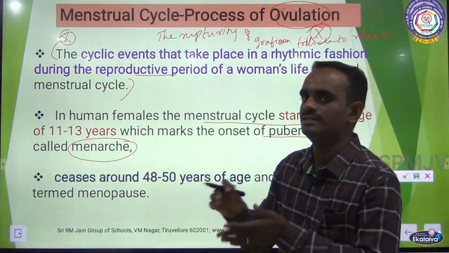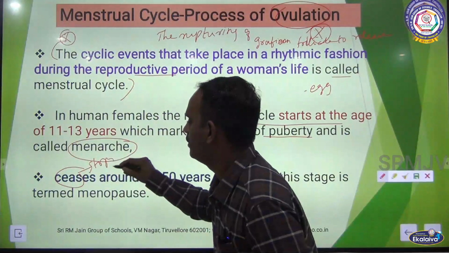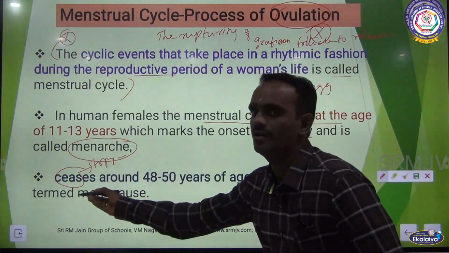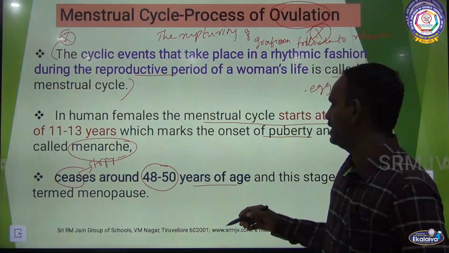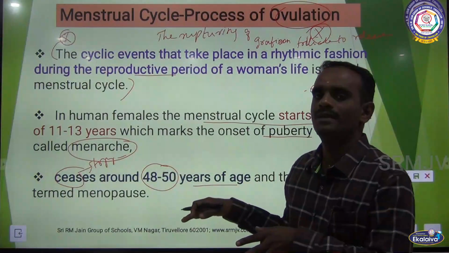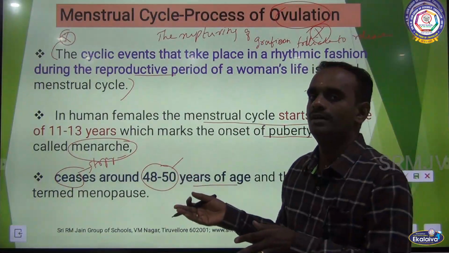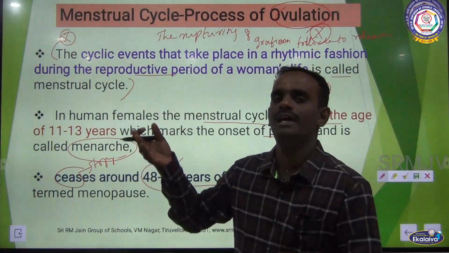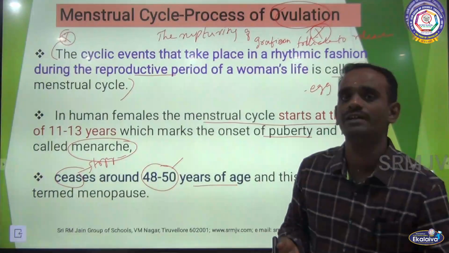It ceases, ceases means stopping of the follicles, the cessation of menstruation around 48 to 50 years of age, and it is not constant, it is variable. So one person may have menopause at the age of 50, or somebody at the age of 52, or somebody at the age of 45 itself.